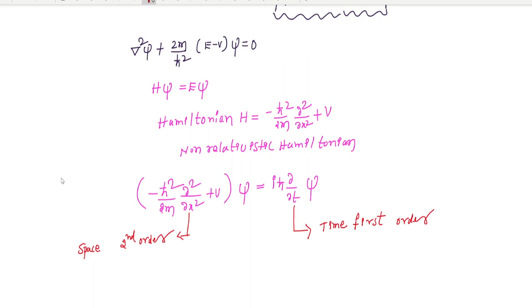If you consider a system, any problem is a relativistic quantum mechanics case, there is one contradiction there in the non-relativistic case, especially the Schrodinger wave equation. If you clearly observe here, there is no space-time symmetry.